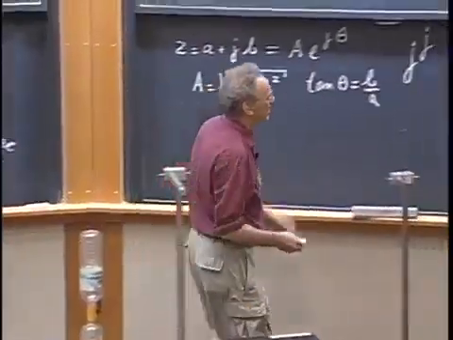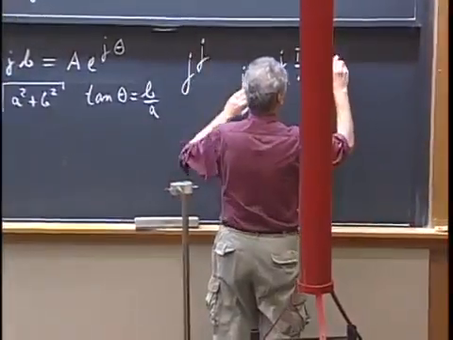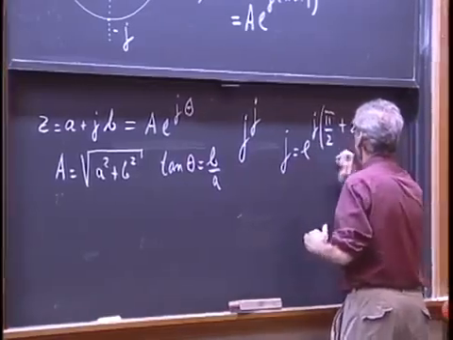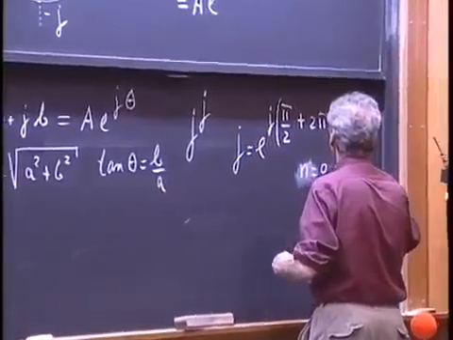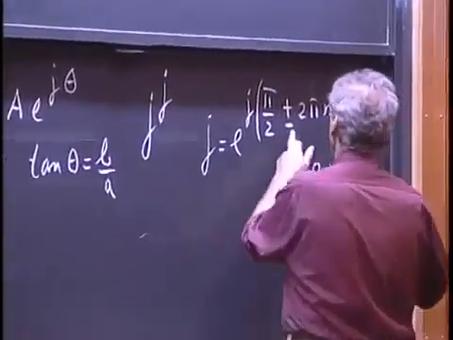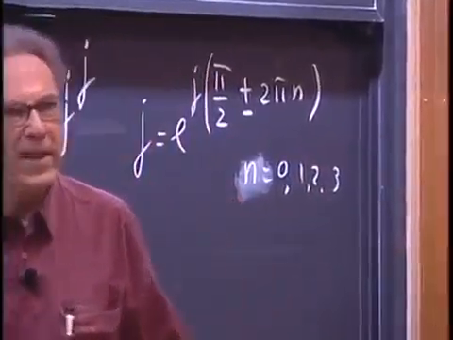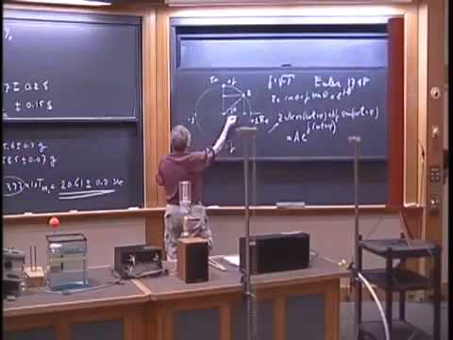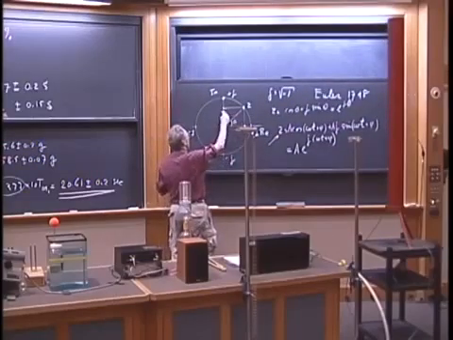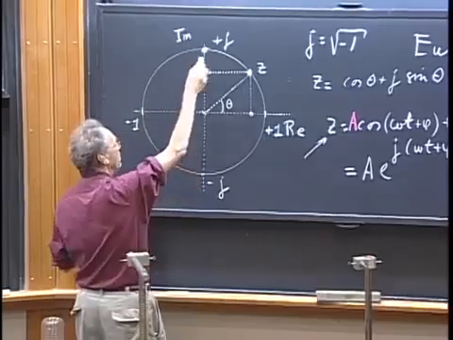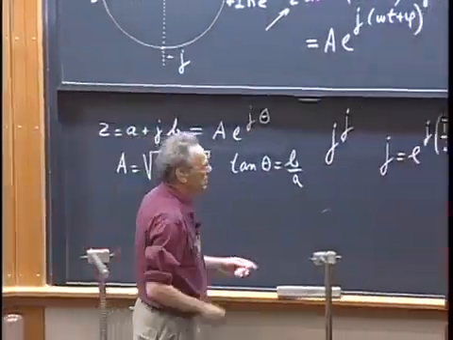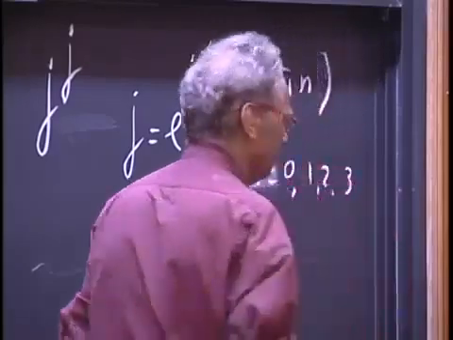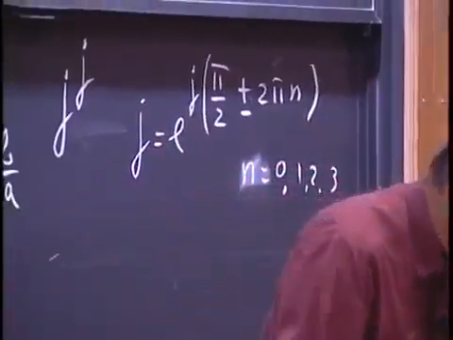But not only is this j, I can also rotate an integer number n times 360 degrees, whereby n is 0, 1, 2, 3, rotate either clockwise or counterclockwise, and it's again j. Because if I rotate 90 degrees, it's j. But if I rotate another 360 degrees, it's again j. Or if I rotate back 360 degrees. And so you see that this is also a way to write j. And that will help you, believe me.